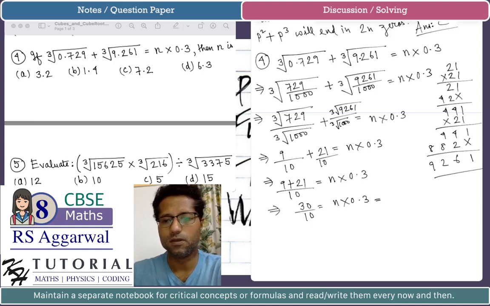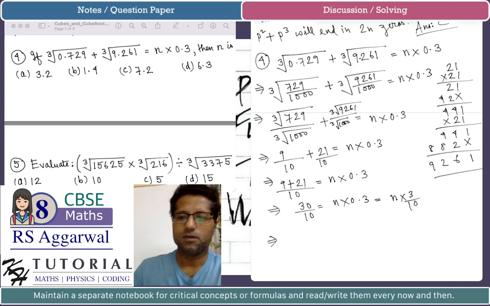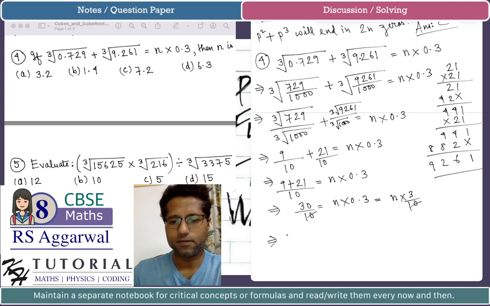If we convert, 0.3 is equal to 3 by 10. Now you can cancel 10 from both sides, and so we have 30 equal to n multiplied by 3.